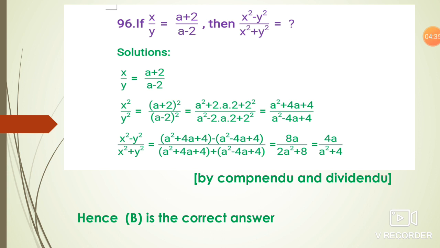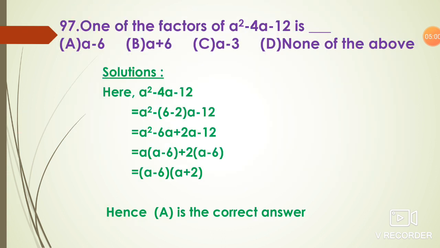So after doing componendo and dividendo, we get x square minus y square by x square plus y square equal to numerator minus denominator by numerator plus denominator. So we will get 8a by 2a square plus 8. After cancelling 2 in both numerator and denominator, we get 4a by a square plus 4. Hence B is the correct answer.